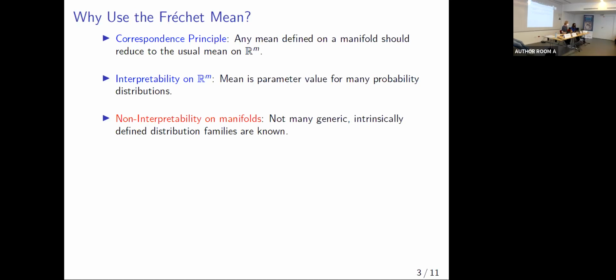And on manifolds, this is not so simple. We don't have as many generic intrinsically defined distribution families on the manifold. One can often define something on, for example, a tangent space and then project it on the manifold and so on. But it would be nice to look into intrinsically defined distributions.